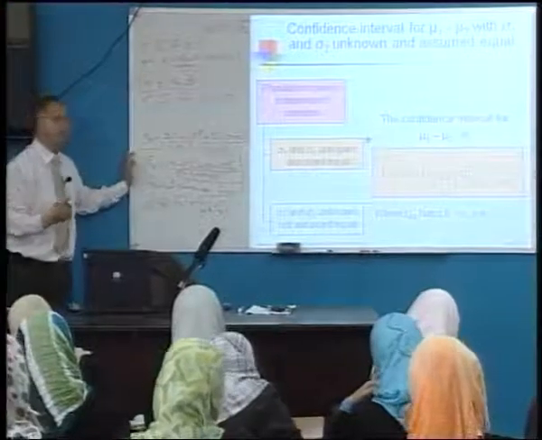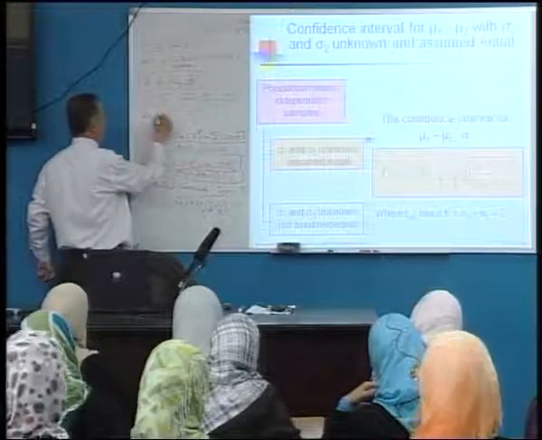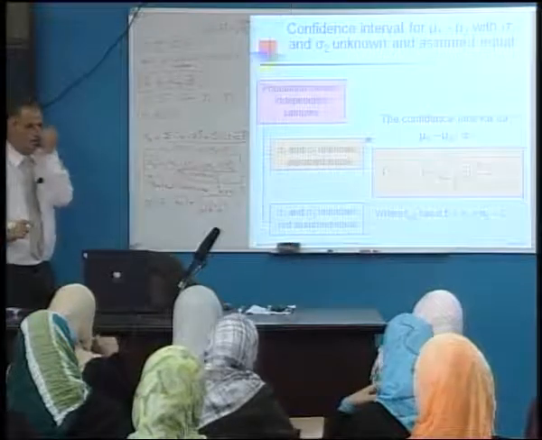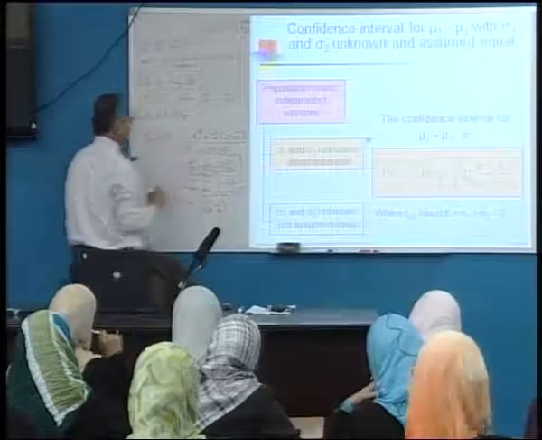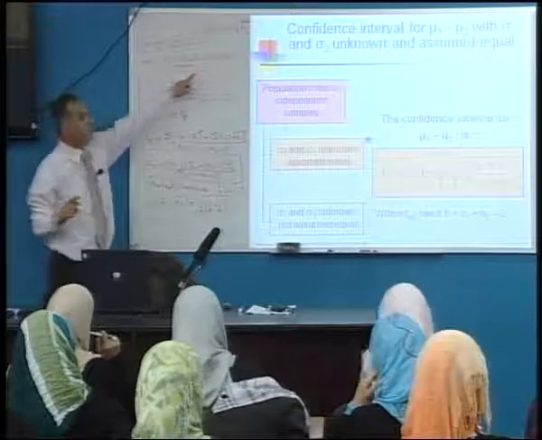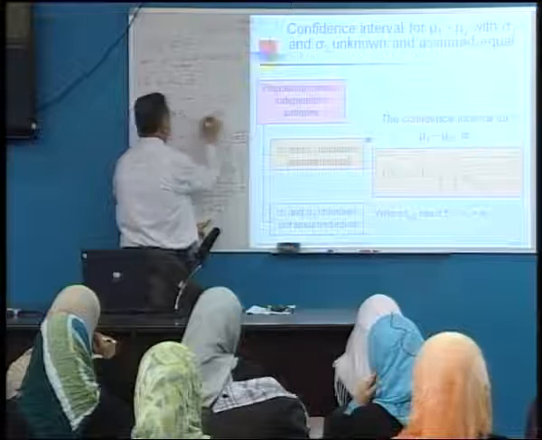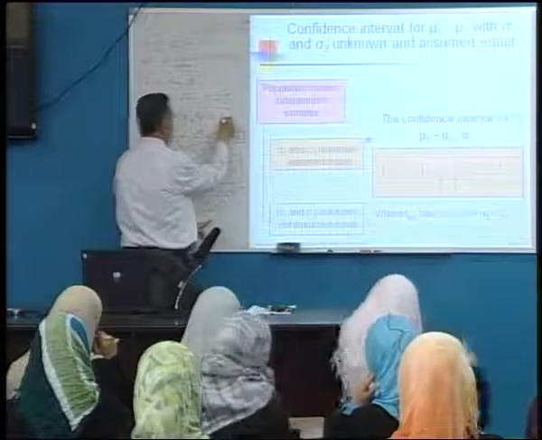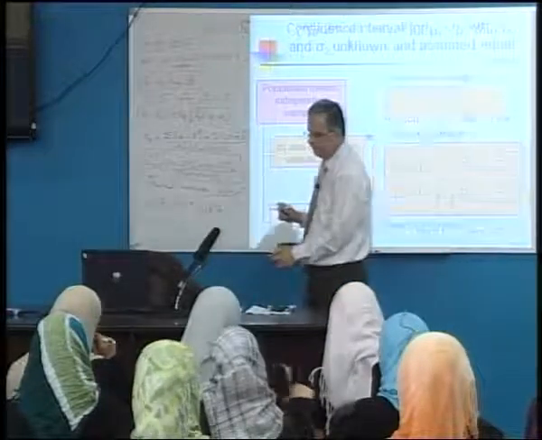Now my point estimate of this difference is x1 bar minus x2 bar, plus or minus the critical value t alpha over 2, since sigmas are unknown, times the standard error of the estimate. This value is the square root of s squared times 1 over n1 plus 1 over n2. So this is your confidence interval.